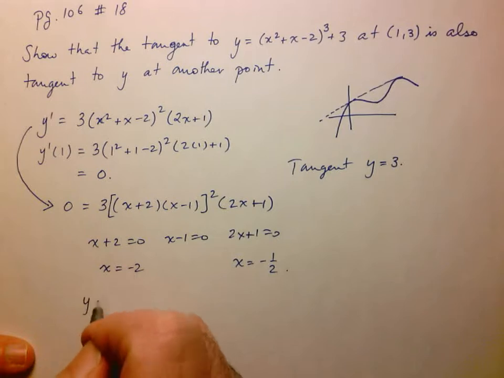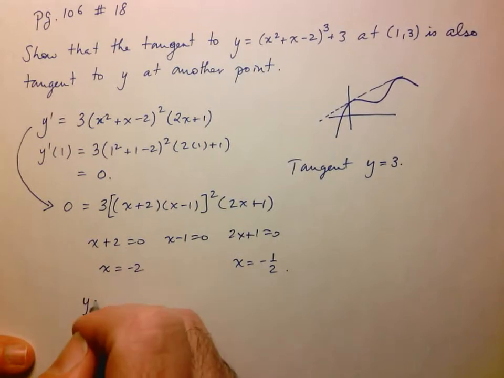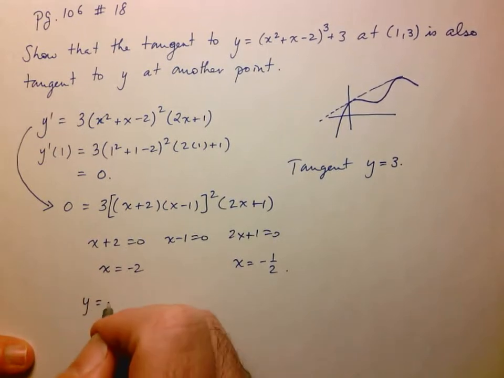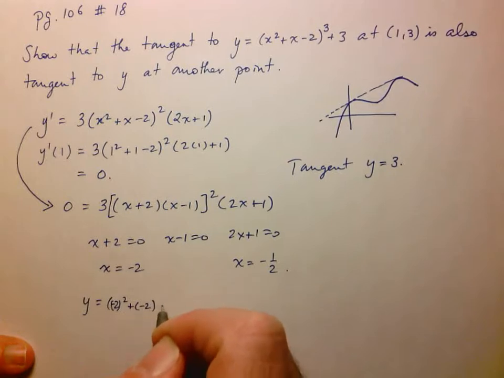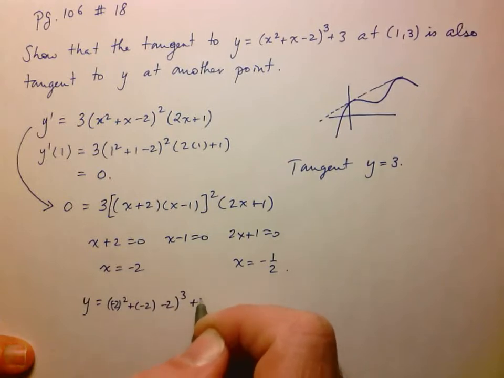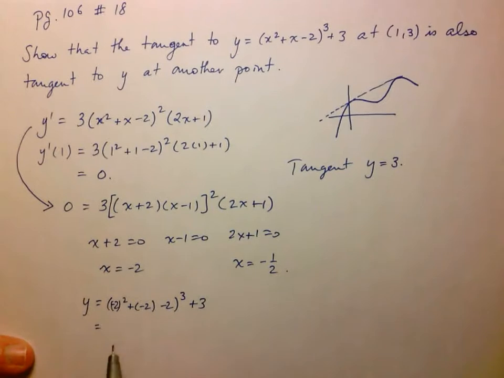So if we take negative 2 and stick that into our equation, we've got (negative 2 squared plus negative 2 minus 2) cubed plus 3. So here we have 4 minus 2 is 2, minus 2 is 0, 0 cubed plus 3 is equal to 3.